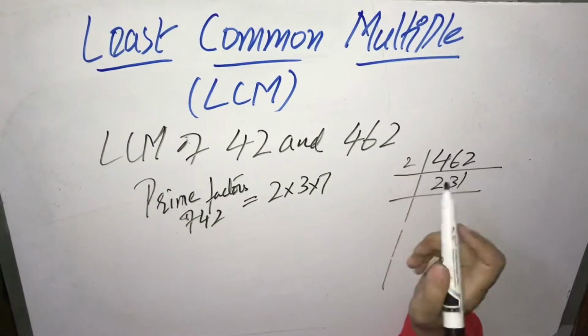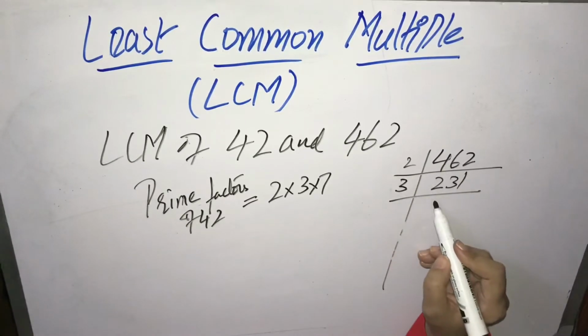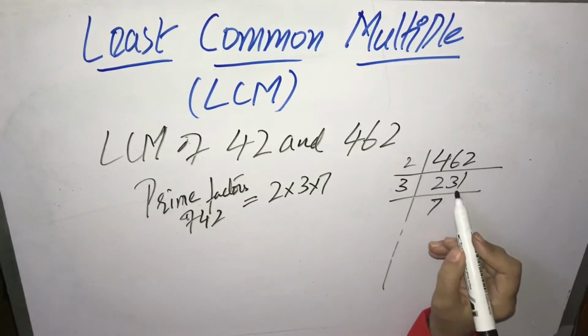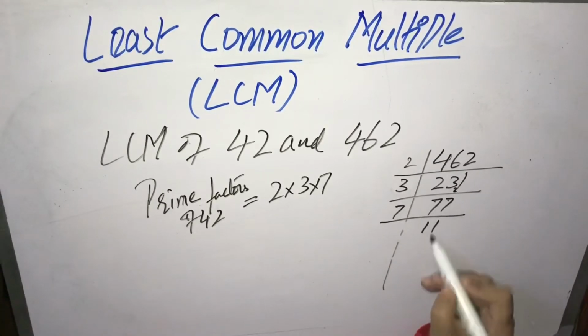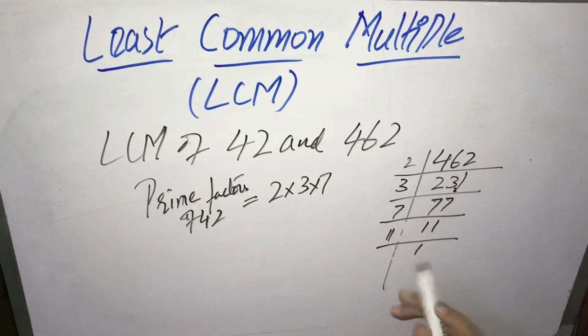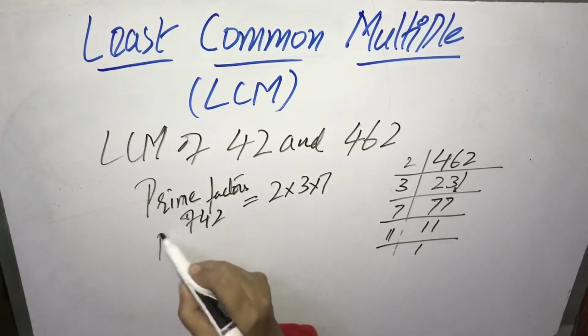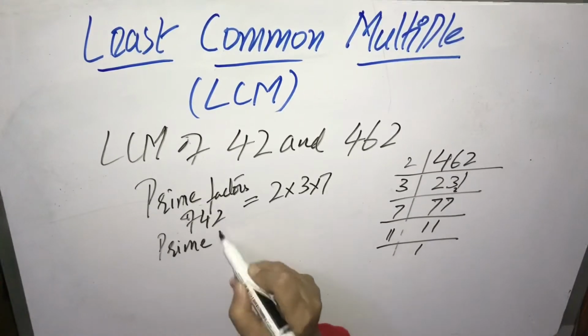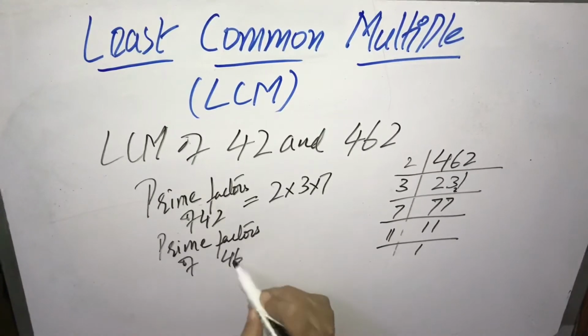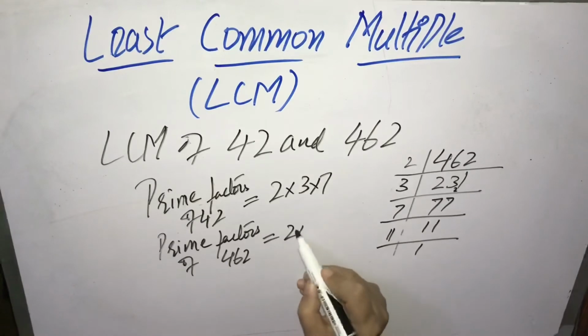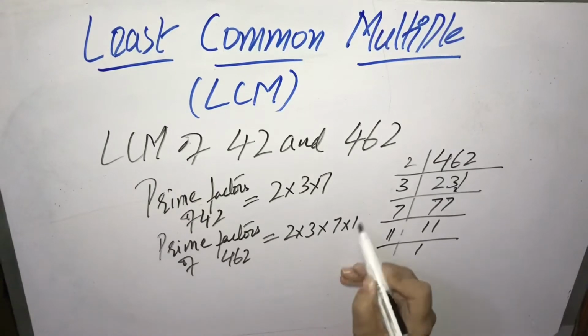Now I shall come to 3, 3 7s are 21, again 21, 7 1s are 7 and 11 1s are 11, and my answer of prime factors of 462 will be 2 cross 3 cross 7 cross 11.